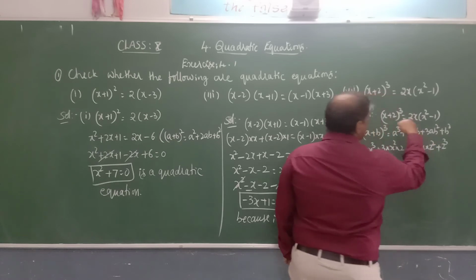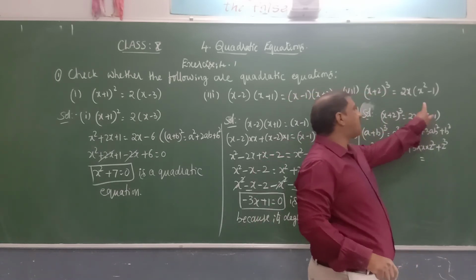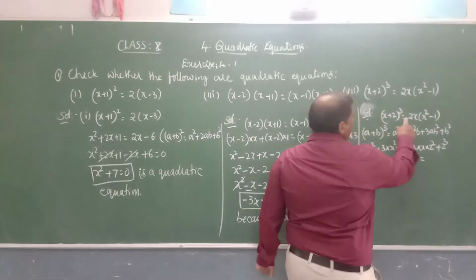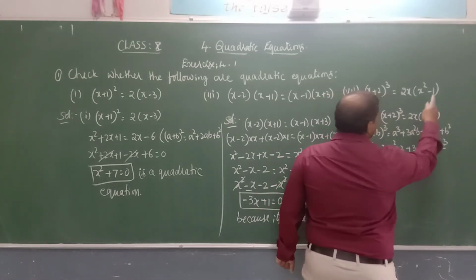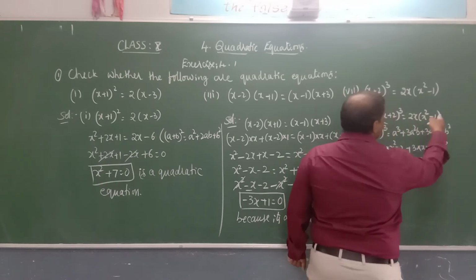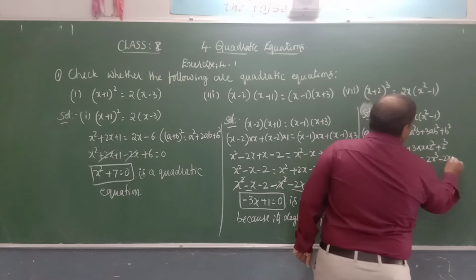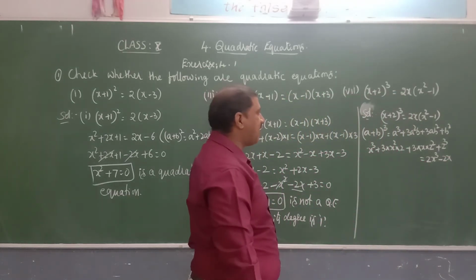On the right hand side we have 2x multiplied by x square minus 1. Plus into plus is plus, 2x into x square is 2x cube, plus into minus is minus, 2x into 1 is 2x, that is 2x cube minus 2x.